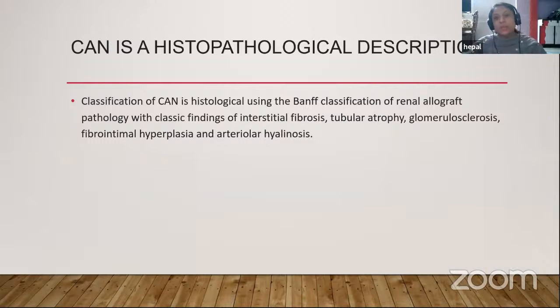CAN is a histopathological description. So classification of CAN is histological using the Banff classification of renal allografts and has classic findings of interstitial fibrosis, tubular atrophy, glomerulosclerosis, fibrointimal hyperplasia, and arteriolar hyalinosis.